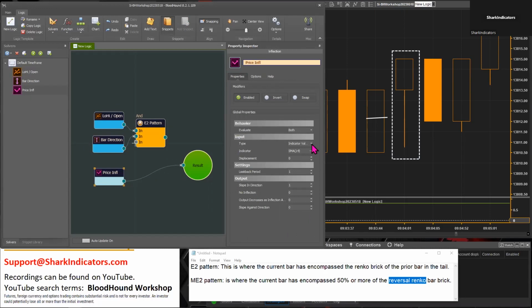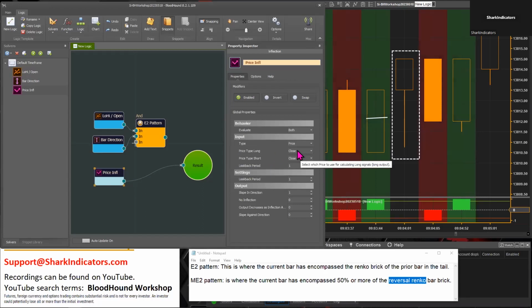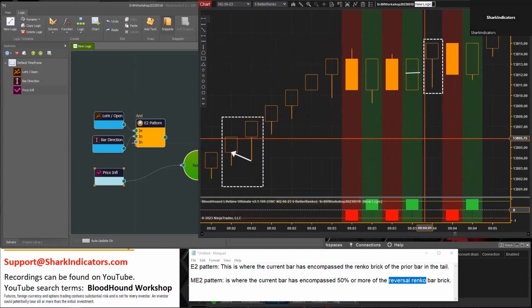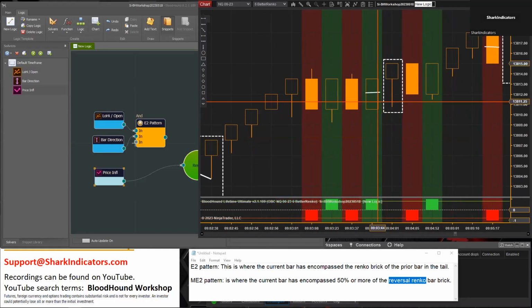The input, we're going to change that over to price, and we'll just look at the close of the bar. Obviously, a reversal bar is when the close goes from up to down and from down to up. So there we go. We can see we've identified all of these reversal bars here.